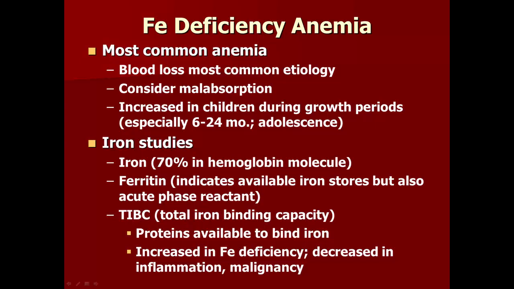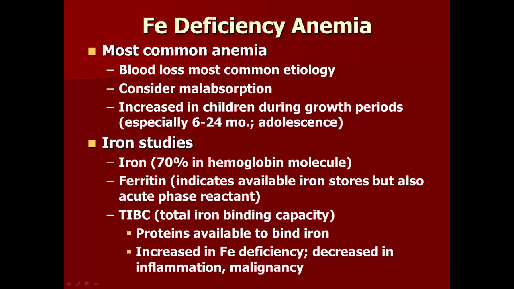So, for example, let's say that you're looking at this in someone who has rheumatoid arthritis. In rheumatoid arthritis, they have a chronic inflammatory process, and so their ferritin levels may be elevated simply because of the arthritis, as opposed to really telling you whether or not they have available iron stores. So you have to put it together with their iron level itself.